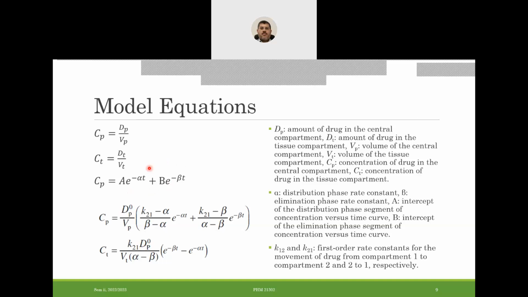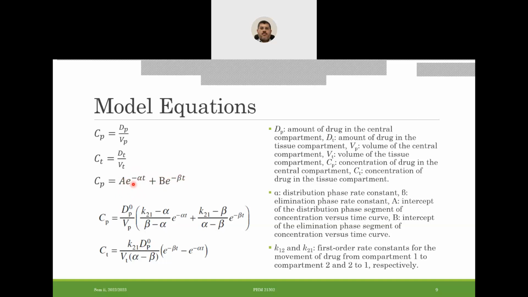This is the main equation we have to pay attention to, and we will use. This one indicates that the concentration of drug in plasma is equal to, with two exponentials, two intercepts and two slopes. One intercept we call A, the other intercept is B. One slope is alpha and the other slope is beta, and both of them are multiplied by time.